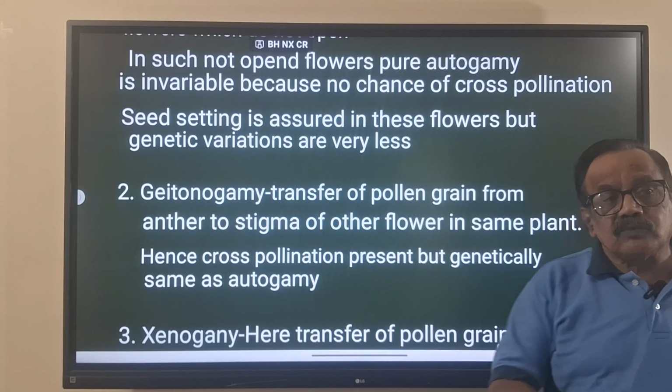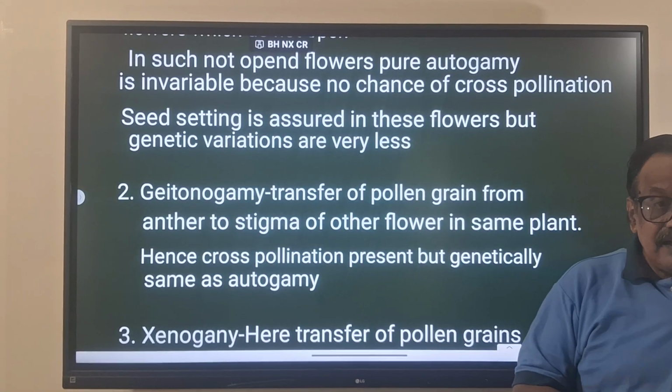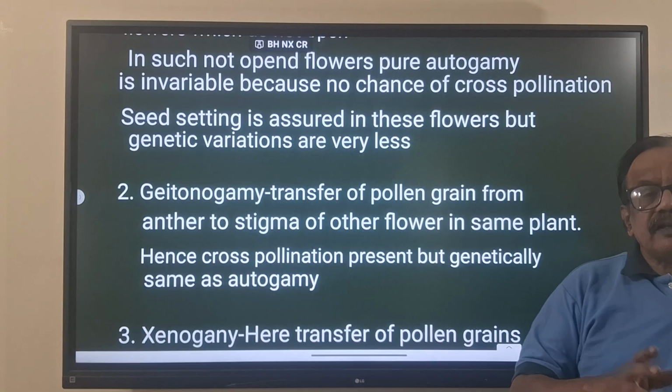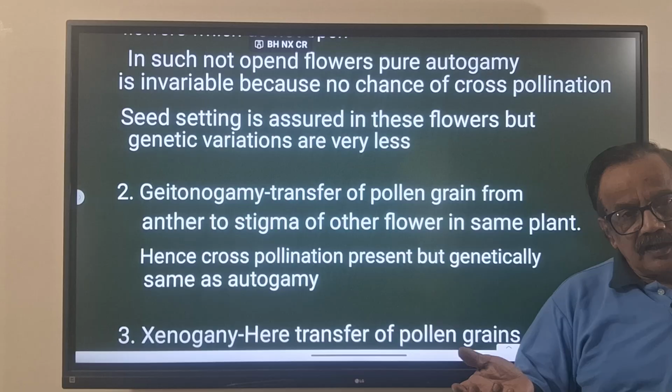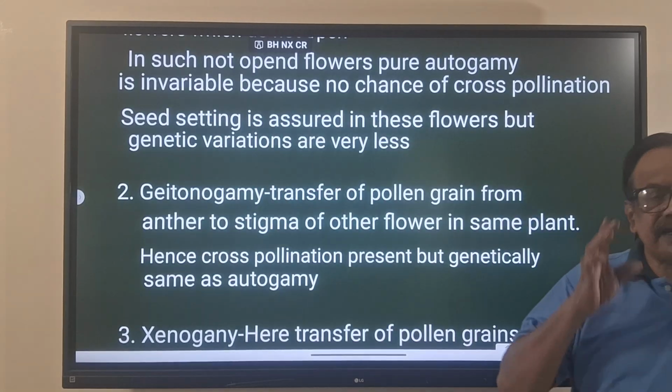And now you see Geitonogamy. Geitonogamy is also one more type. That is, pollen grain will reach the stigma of another flower, but both are present on the same plant.